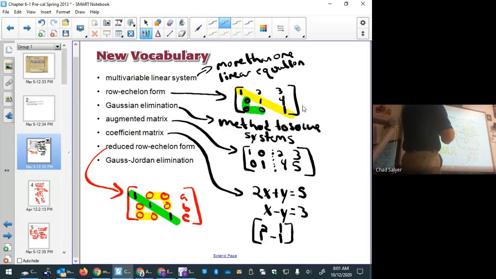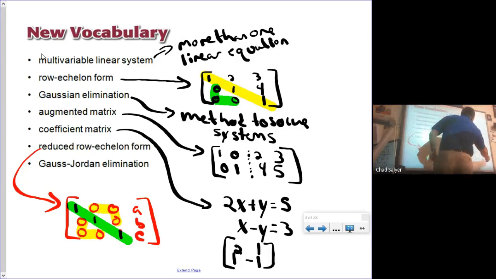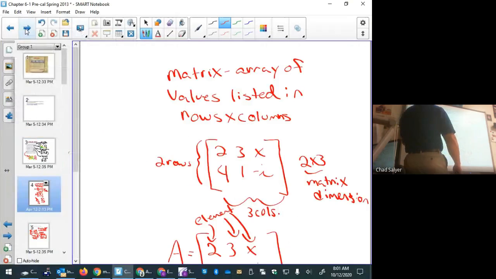Okay, so let's go to some examples here. A matrix is an array of values listed in rows and columns. In this particular case, I've got 2 rows and 3 columns.